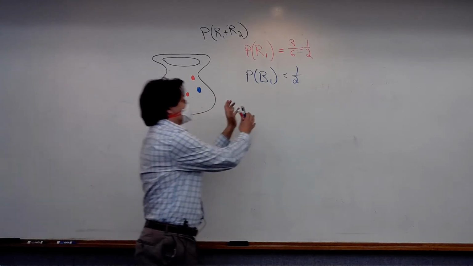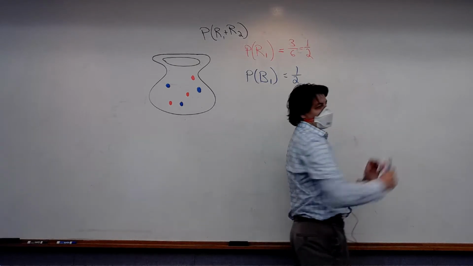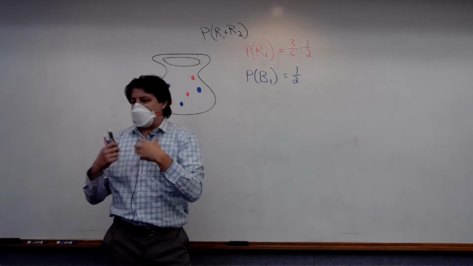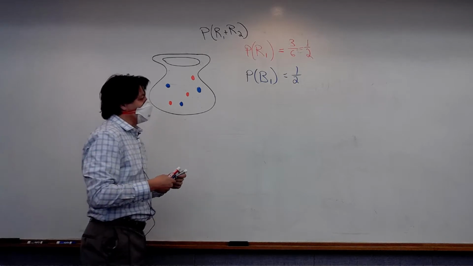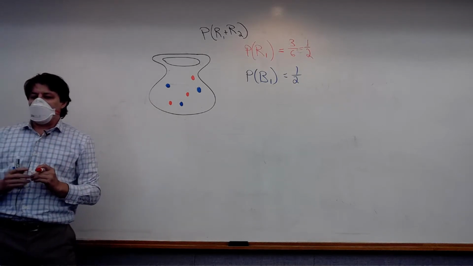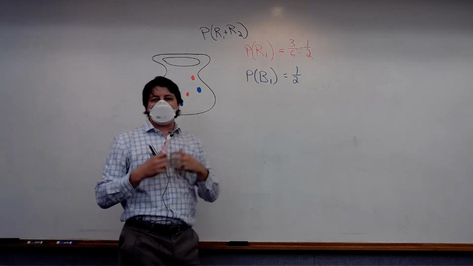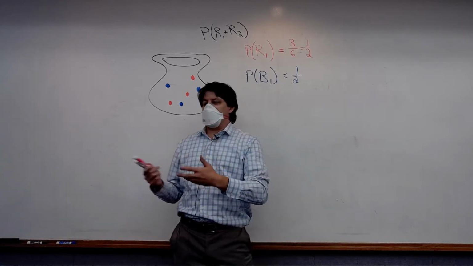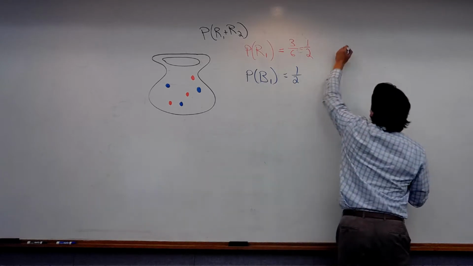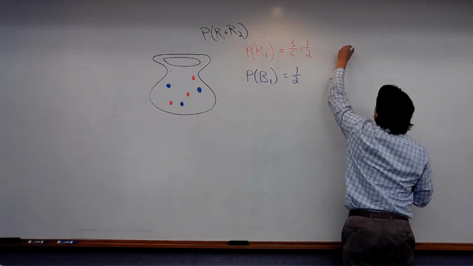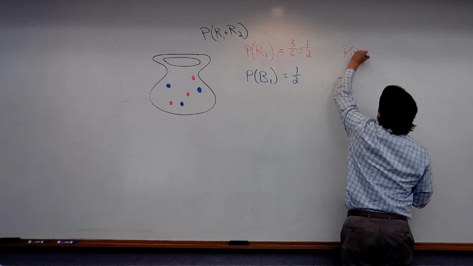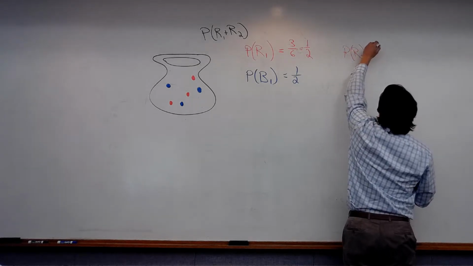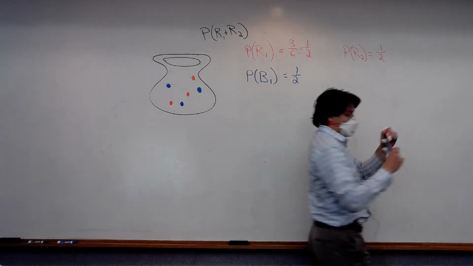And it's different because when we turn to the second marble, we need to update a little bit. Okay, so right now, before we do anything with the first marble, if I ask you what's the probability that the second marble is red, we can answer that. And in fact, the probability of R2 right now is 1/2.